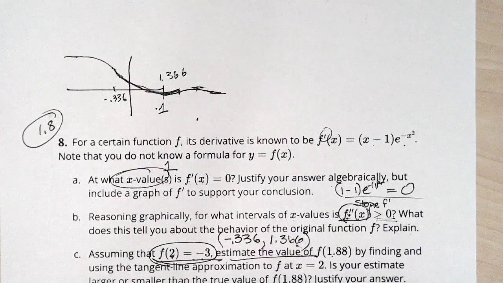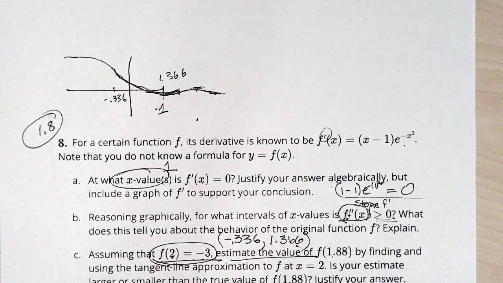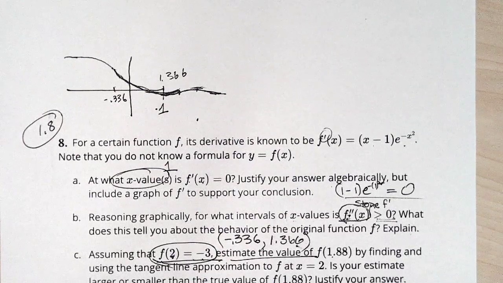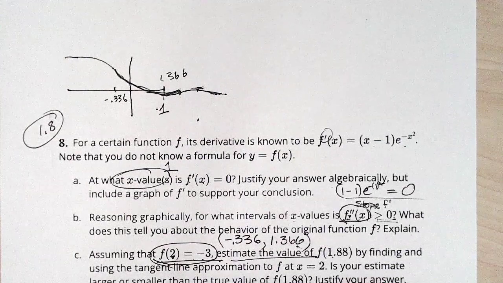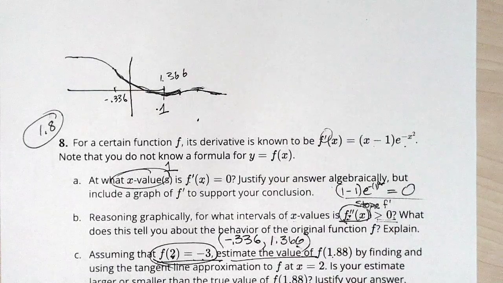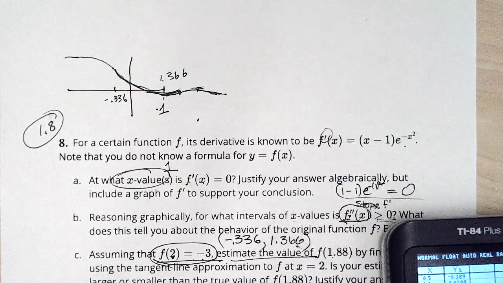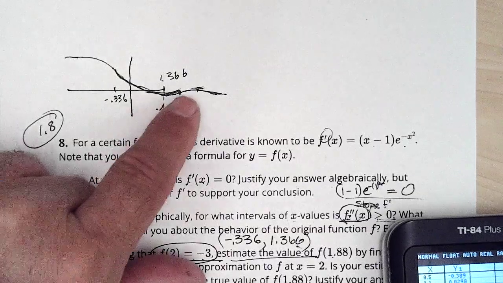It's minus 3. And so now if we're going to go at 1.88, which means we're putting in negative 0.12. 1.88 minus 2 is negative 0.12. So we're moving a little bit back this way. And if we're at negative 3 and we add more negative, it's going to be down a little bit.